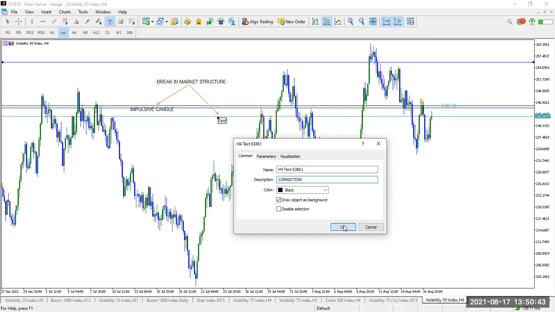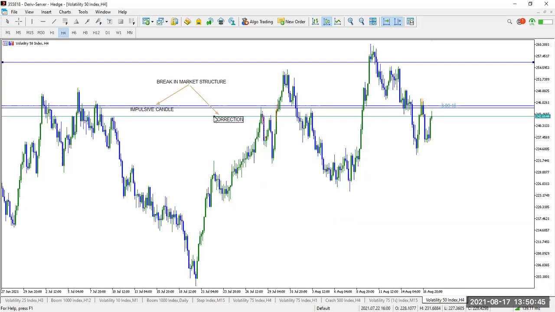That is how a break of structure tends to happen. So any break of structure, we're talking about the impulse and correction in the market. These are the two things you have to study.